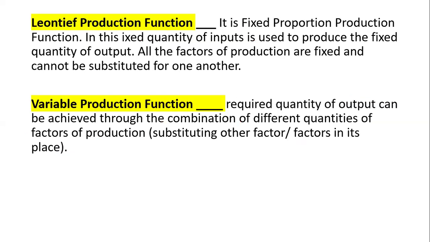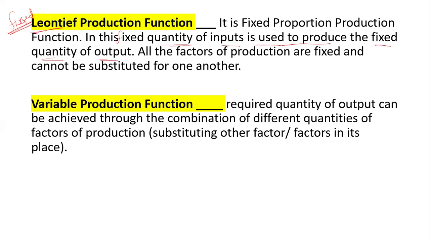These are the terms. Then the next function is the Leontief production function. It is a fixed proportion production function, in which a fixed quantity of input is used to produce a fixed quantity of output.